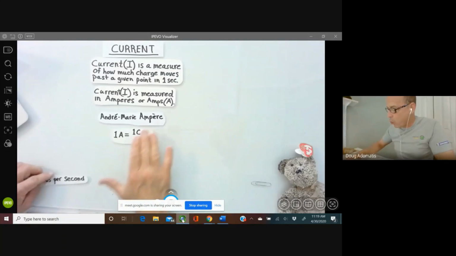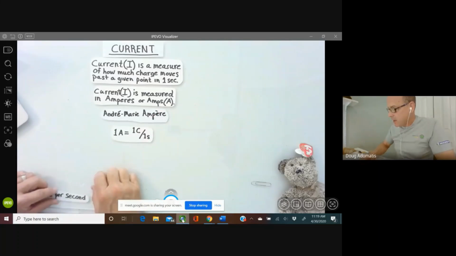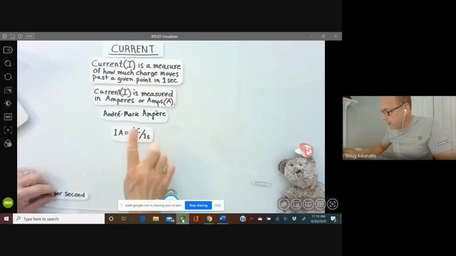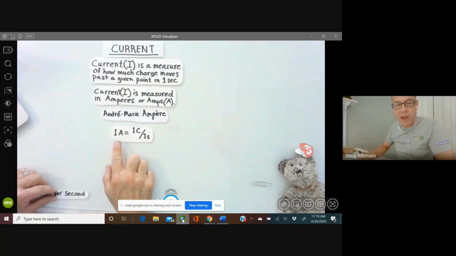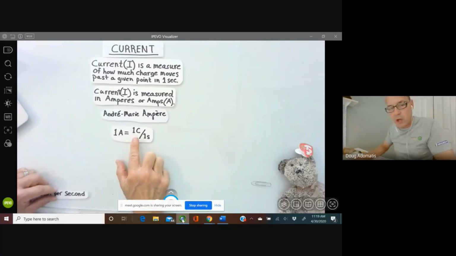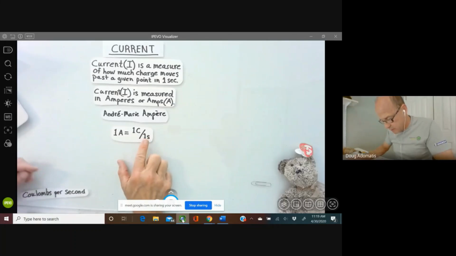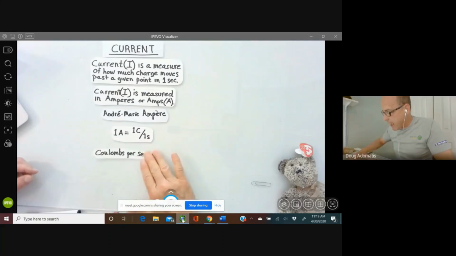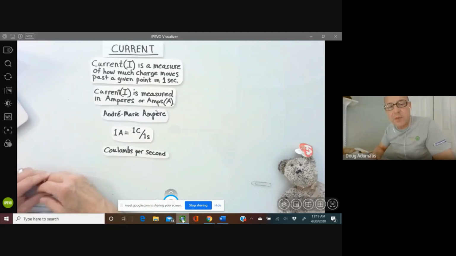So 1 amp, as I said, is a rate of charge moving past a point in 1 second. So 1 amp is equal to 1 coulomb passing by in 1 second. An amp is coulombs per second, but nobody ever says coulombs per second. They just say, it's 20 amps, right?